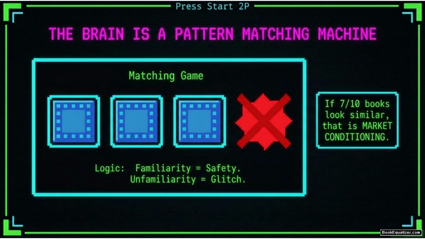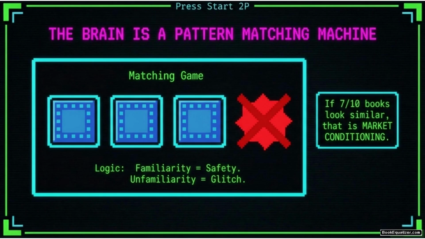The brain is a pattern matching machine. This isn't philosophy, this is neuroscience. Look at this matching game. 3 similar patterns, 1 different. Your brain immediately flags the different one as an error, as a glitch. That's not a bug, that's a feature. It's how we survive. If 7 out of 10 books in your category look similar, that is market conditioning.